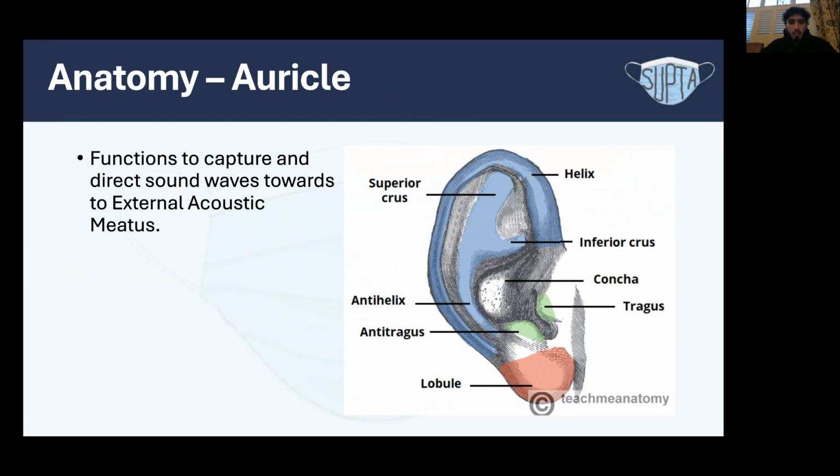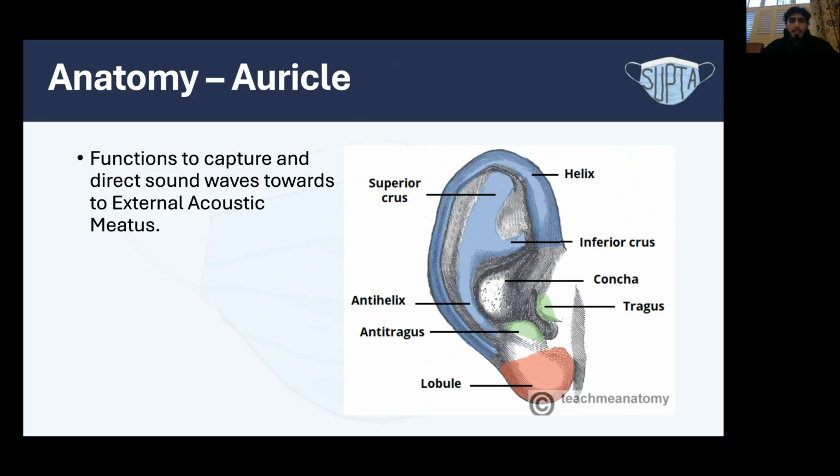The cartilaginous part of the auricle forms an outer curvature, which you can see there. That's the helix. And there's an innermost curvature as well, in parallel with the helix, called the antihelix. The antihelix then divides into two separate portions as well. We call these crura: the inferior anterior crus and the superior posterior crus.